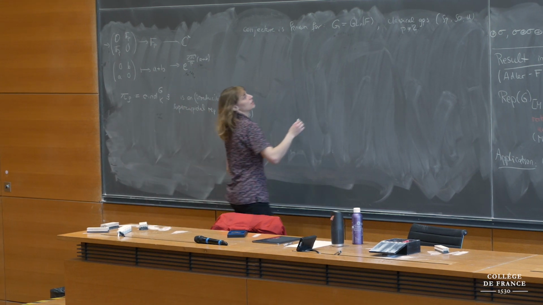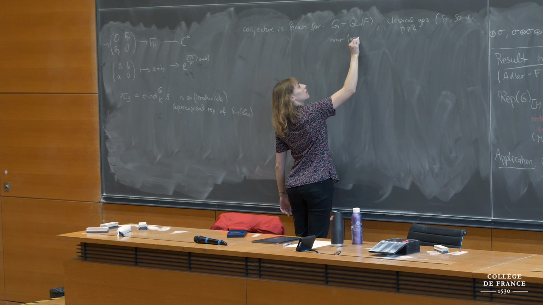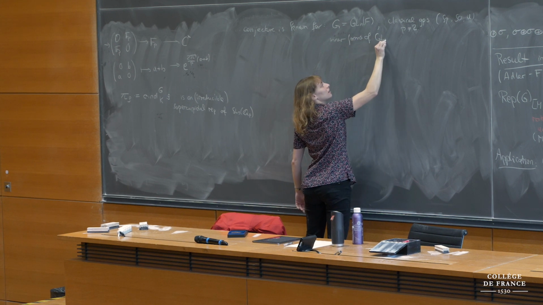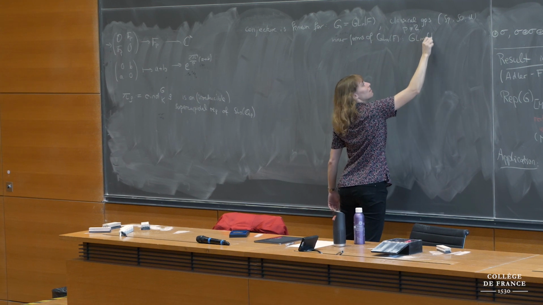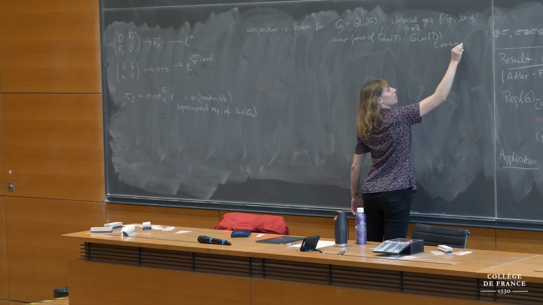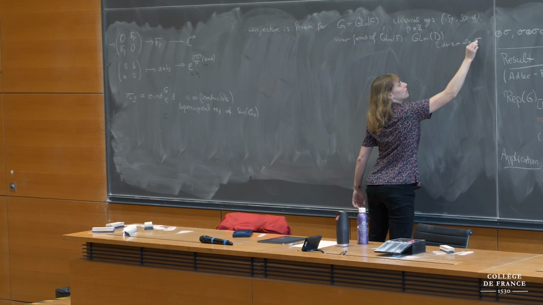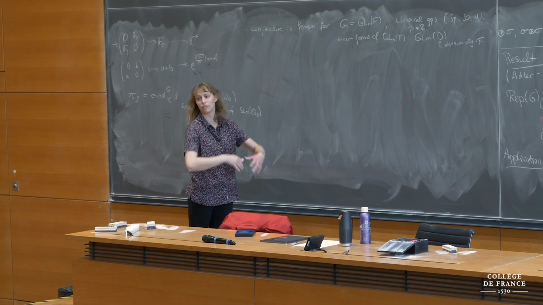And it's also known for so-called inner forms of GLN. That means GLM of some division algebra D over the field F. So that's something that becomes isomorphic to GLN over a field extension.